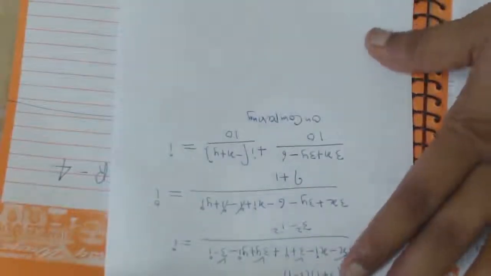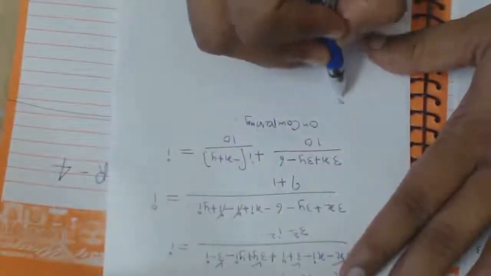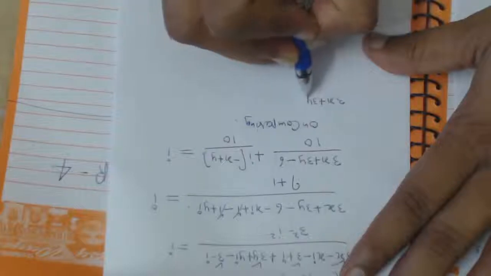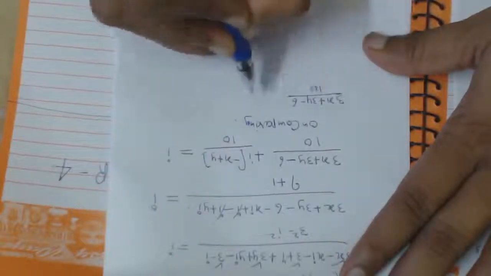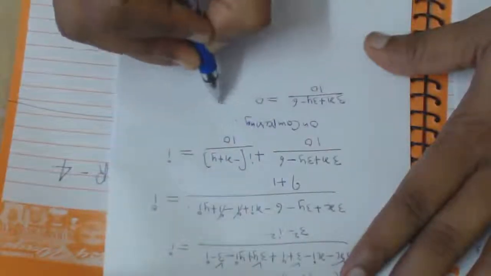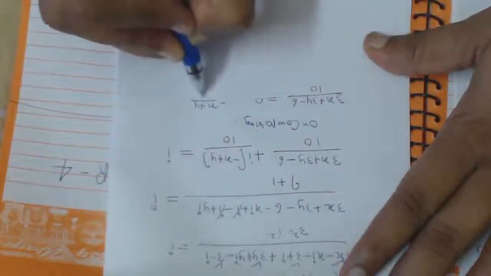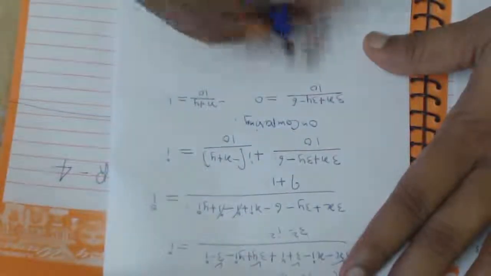So when we compare, we always compare the real and imaginary parts. This 3x plus 3y minus 6 upon 10 is 0. This minus x plus y over 10 is 1.